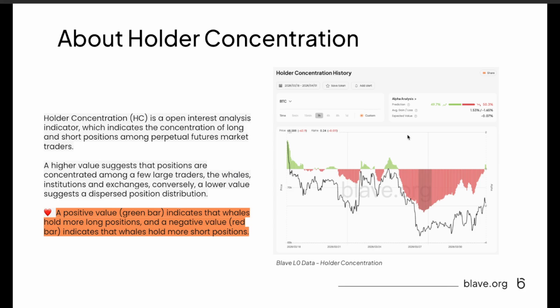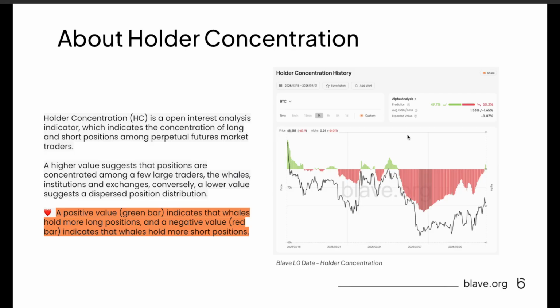A higher positive holding concentration value suggests that most long positions are held among a few large traders, and a higher negative value suggests the opposite side, which means those large traders hold more short positions.